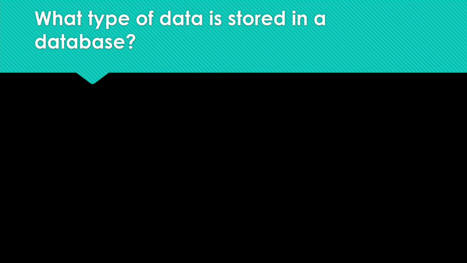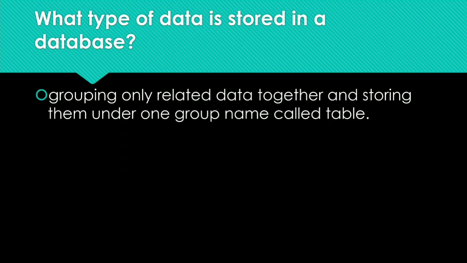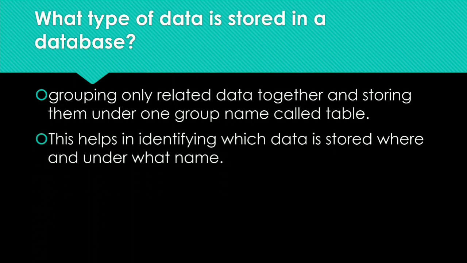What type of data is stored in a database? We collect data from user, and by grouping only related data together and storing them under one group name called table. So normally we collect data and we enter into a table. This way we create the database. And we also name the table. Why?